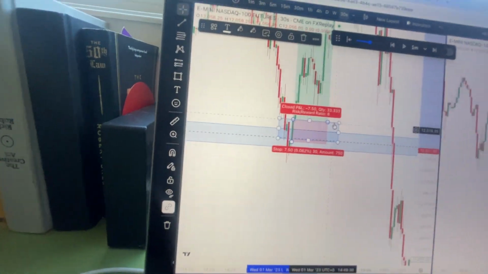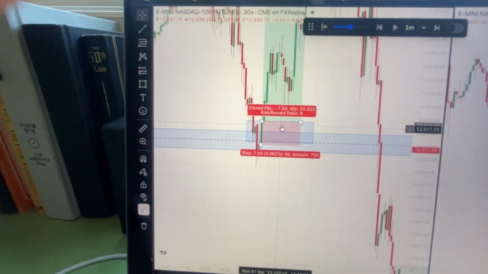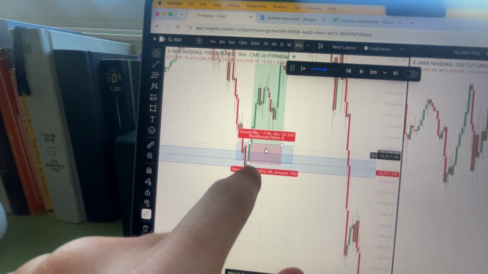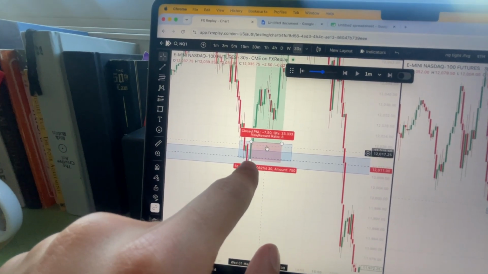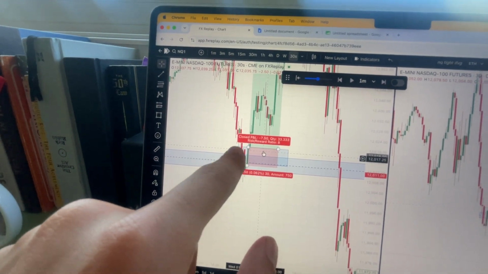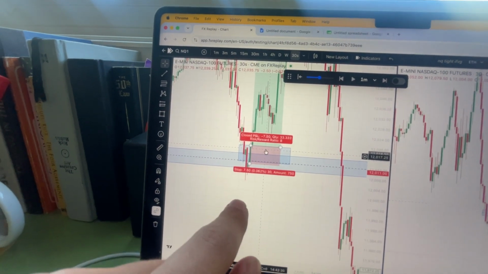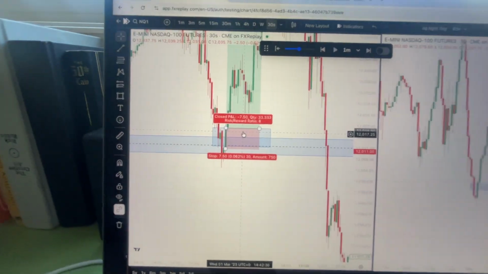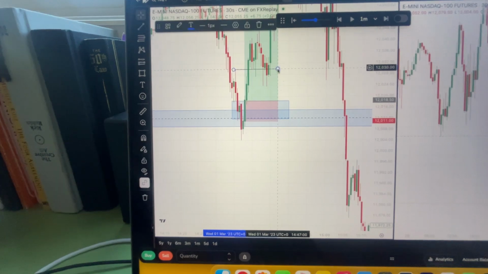The entry is at the close of the candle, but the difference between them was the stop loss. One was a hard stop, and one was a mental stop, allowing it to try and reject if it wants to, and then just taking it up. And then the break even is at the first high.